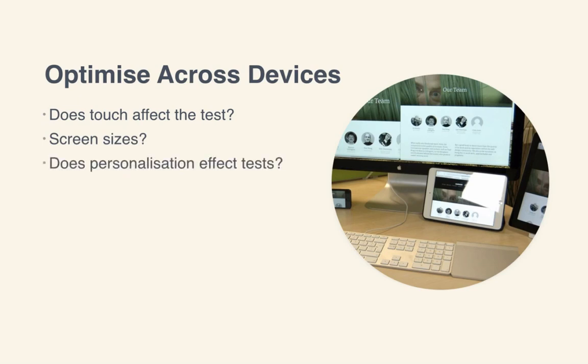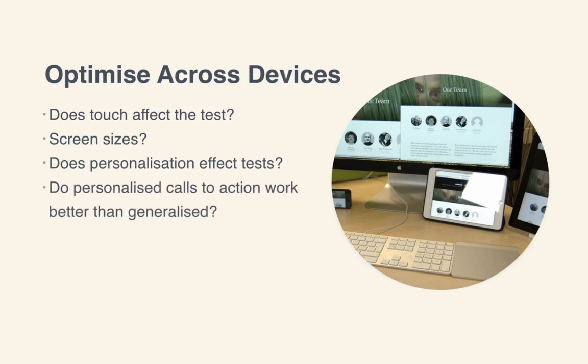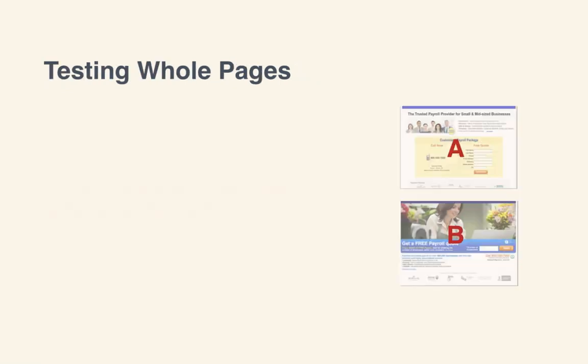So if your site says, "Hello Lee, do you need help?" rather than just, "Do you need help?" does that make a difference? Is personalisation better than generalised? And how does that work on the phone as well? Is it a good experience, as people identify their phones and tablets as more personal devices that they have on them all the time?